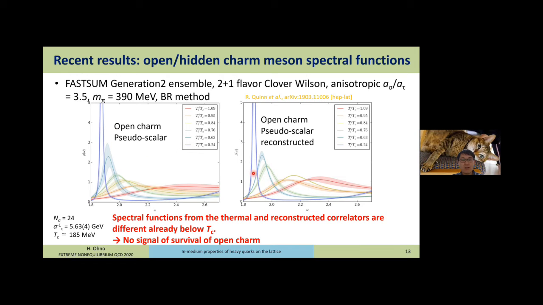But in this case, they found some really thermal modification in this spectral function, and then concluded that this open charm meson can be melted already below Tc. Okay, and so this is the situation of the reconstruction of the spectral function itself so far.